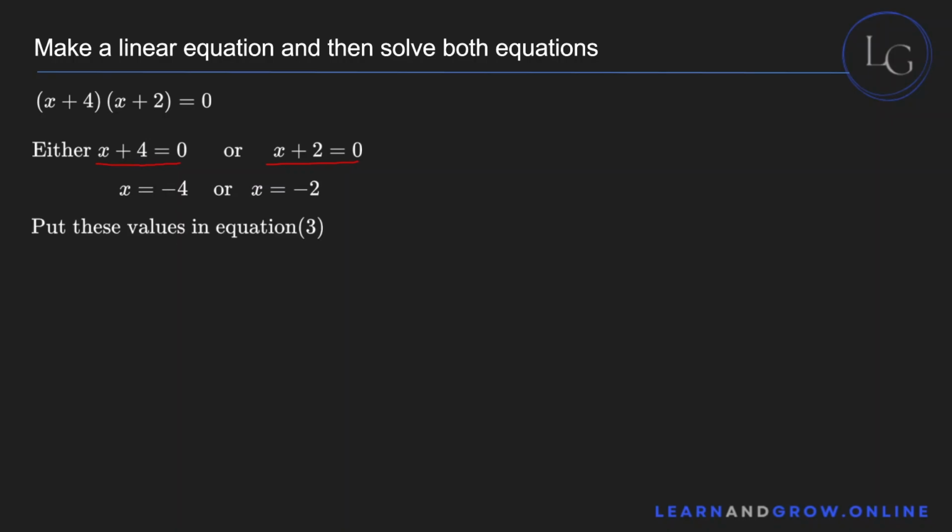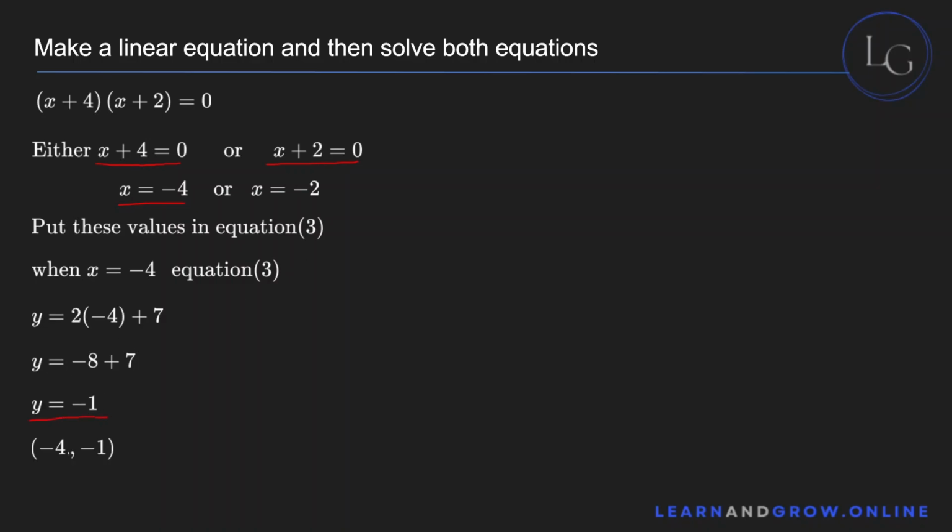Now you'll put these values in equation 3. So when you put x is equal to minus 4, the first value of x, in equation 3, you get y is equal to 2 times minus 4 plus 7, and you get a value for y which is minus 1. Now this is the first part of the solution set.